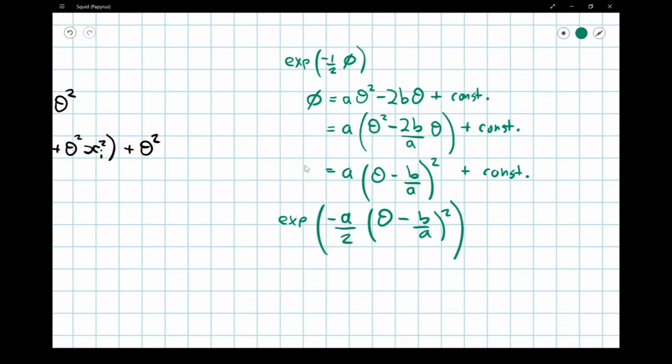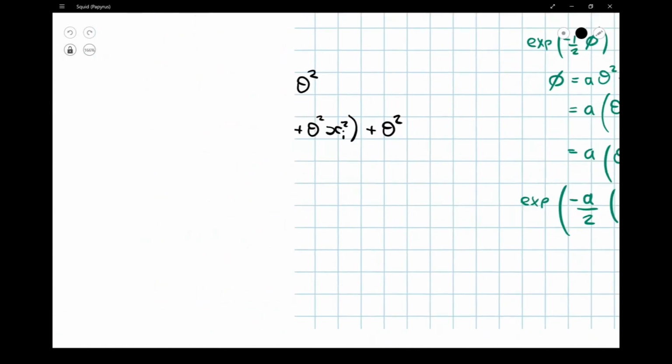So if we can get our equations into this form, then we know that a has to be the precision of this Gaussian, and that the mean has to be equal to b divided by a.